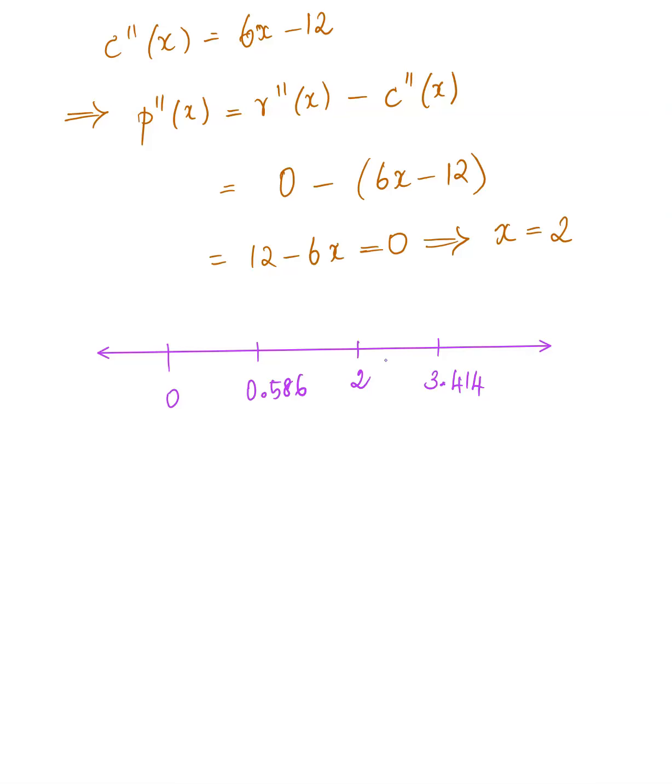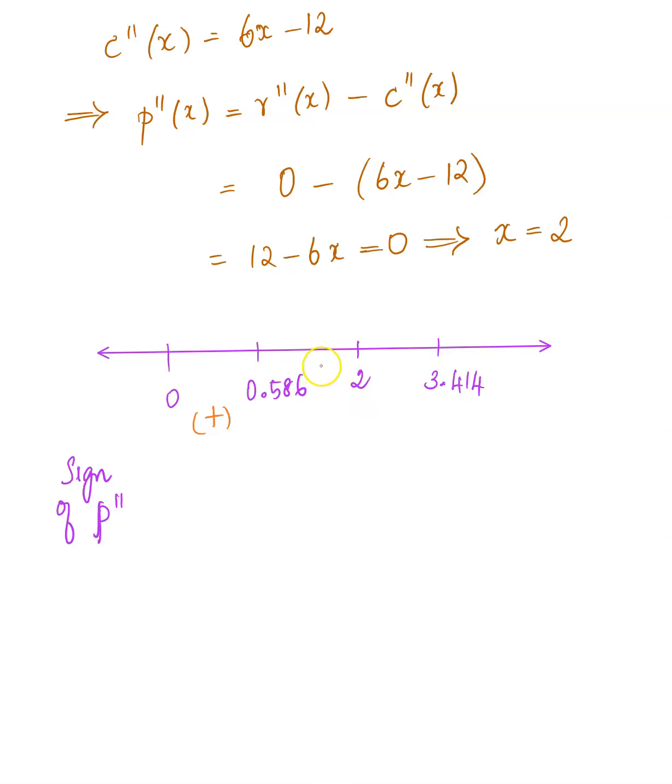So the focus here is in finding the sign of P double prime, the second derivative. Take a test point and plug it in P double prime. You can choose 0.5, which is a half, and plug that in. See what you get. Positive.